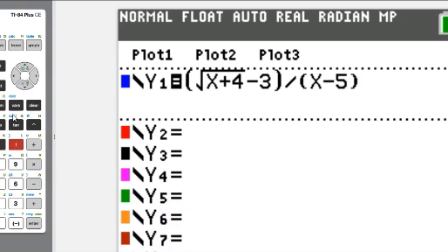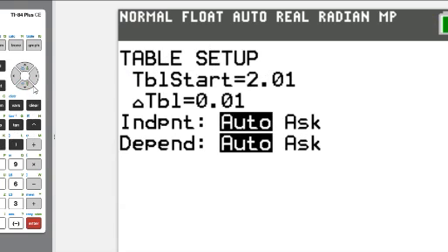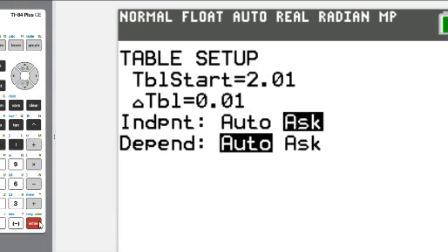All right. Now the other thing that I've talked about is when we're working with the table, I said to go to your table setup, so second window, and if you are on auto, change it over to ask. And if we do that, it does not matter where we start. Once we get that done, then we can go to the table.